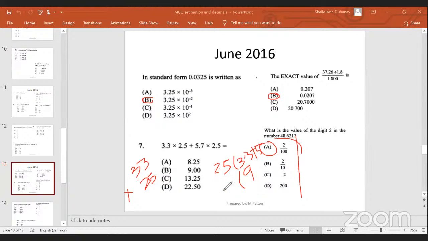Oh, so now it is 25 times 9? Yes. What is 25 times 9? 225.